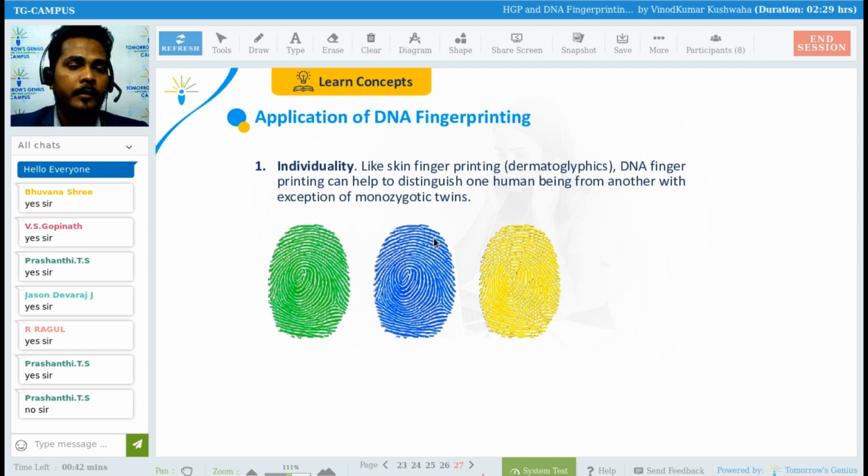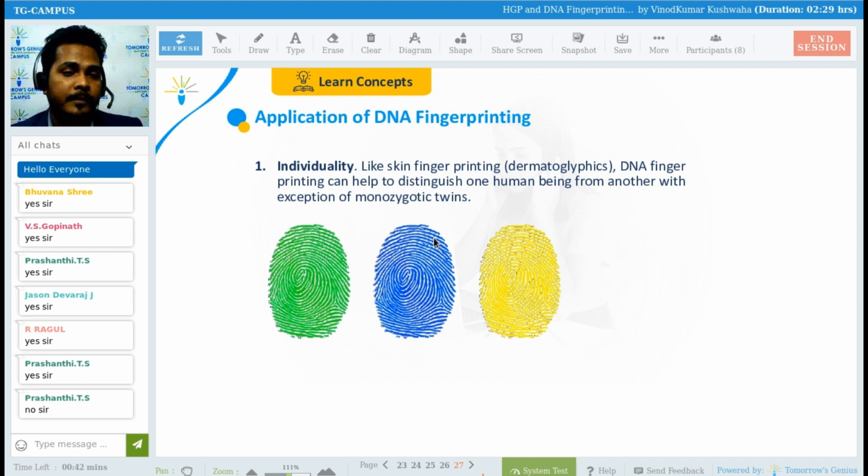Okay. Now let's talk about the applications of DNA fingerprinting. So basically, where is DNA fingerprinting used? First is individuality.